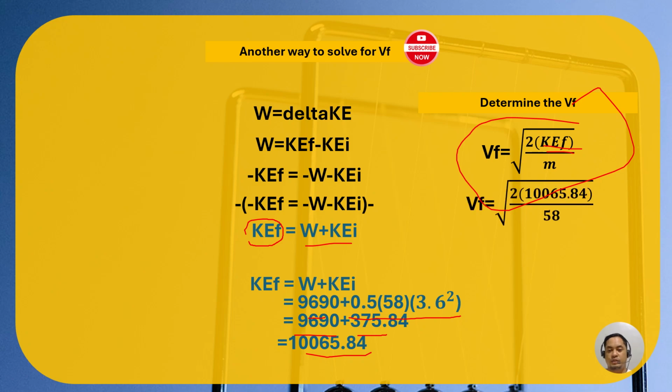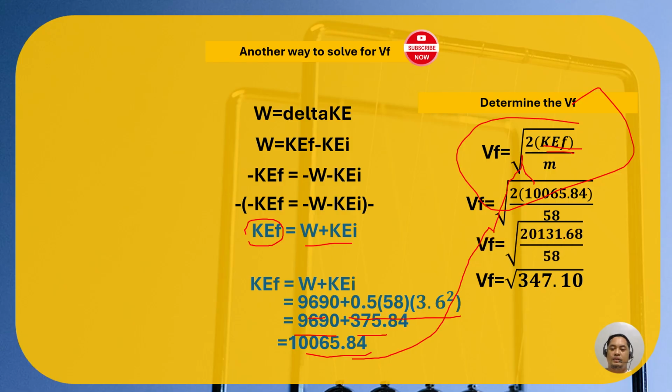So we will substitute here in our derived formula. We have 10,065.84, and we plug it here, times 2 divided by 58. That's the mass.